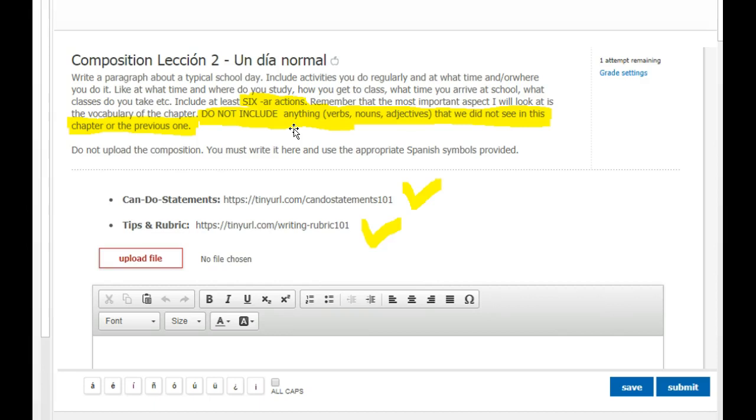If I didn't ask you to write verbo gustar, I beg you, do not use it. 90% of the cases that you wrote verbo gustar, it was wrong because it's not really very well explained in the book. It requires a whole new chapter of study, and that's going to be in 102. So please, please, please do not use verbo gustar, okay?